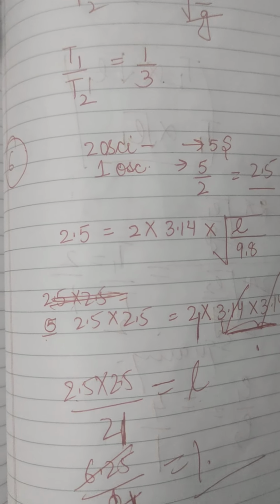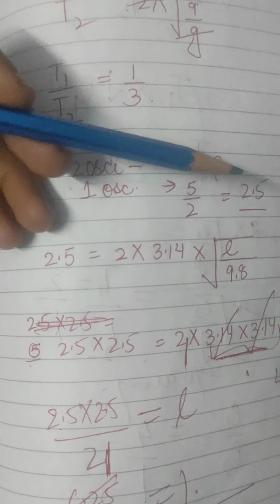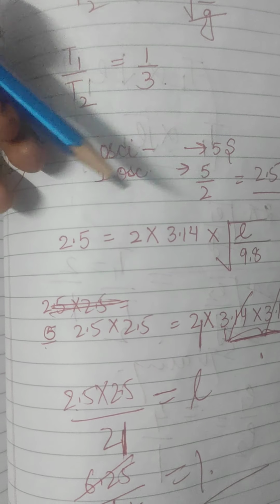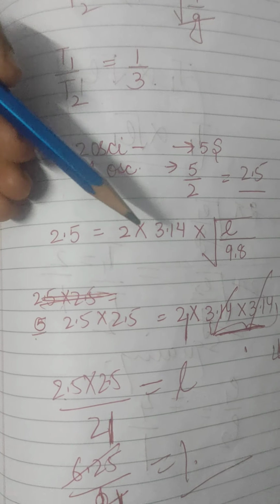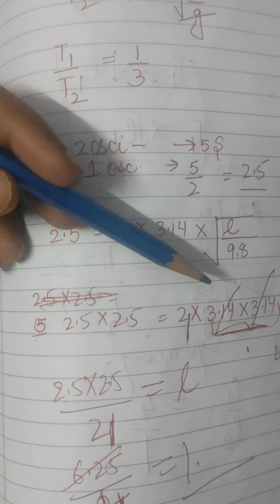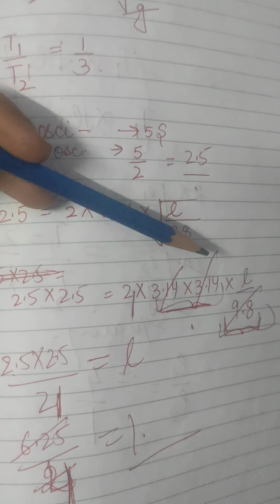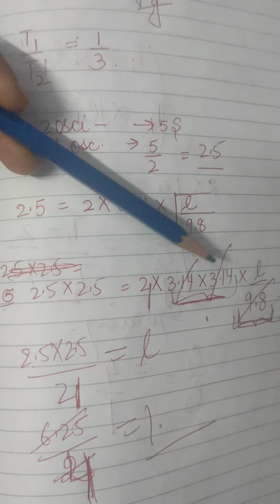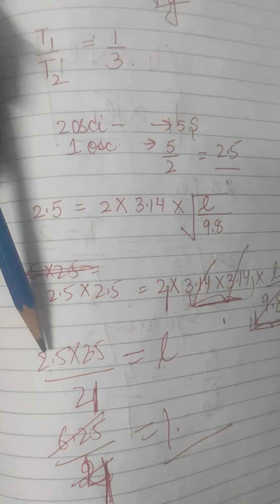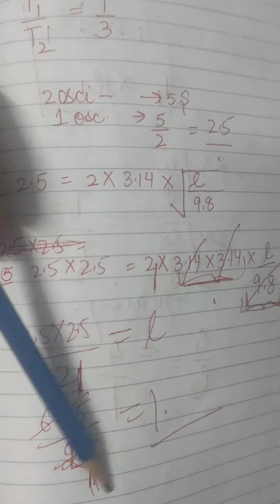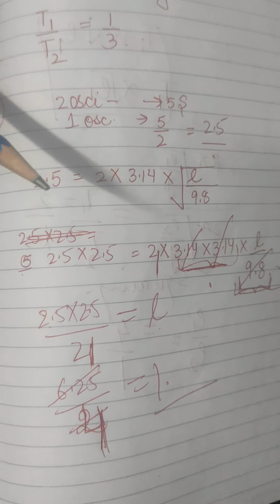If g is given to you, now you have to find the L. Again we will use the formula, T is equal to 2 pi under the root L upon g. So 2.5 is equal to 2 into 3.14 into under the root L upon 9.8. Putting down all the values, you are getting 2.5 into 2.5 is equal to L. Putting down the values and you will get the answer.